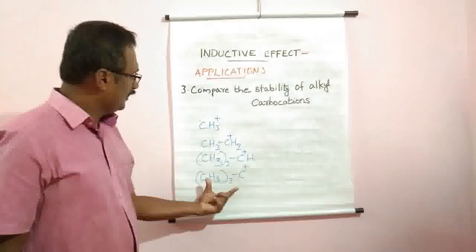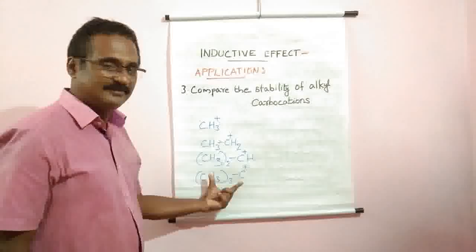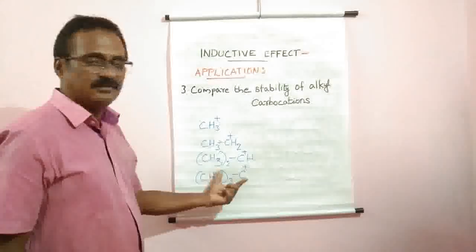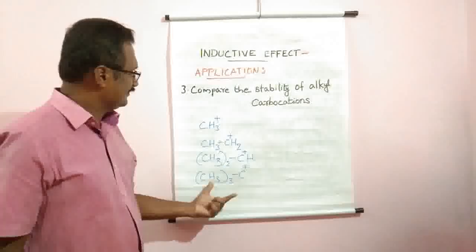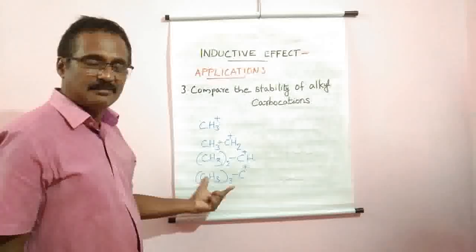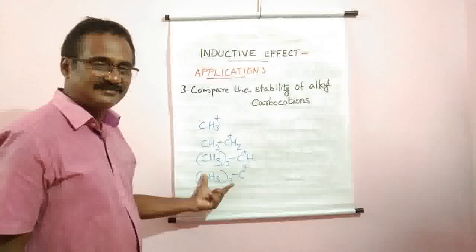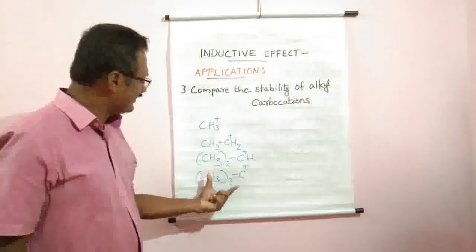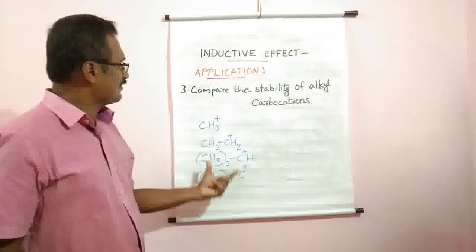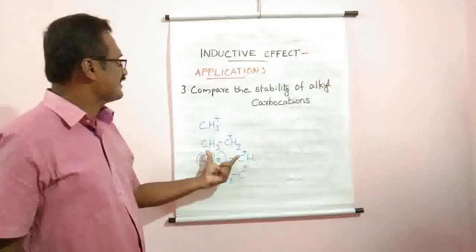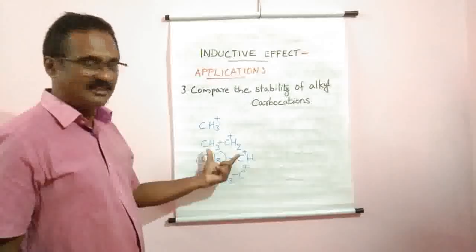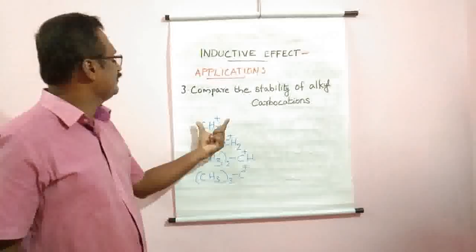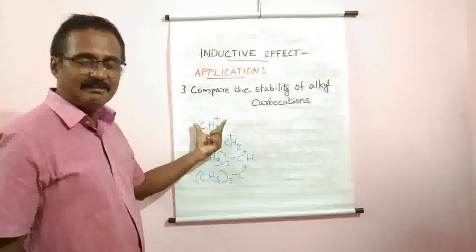Okay. Coming to tertiary carbocation, three methyl groups, electron releasing. So what happens? More dispersal of positive charge, therefore it is more stable. That is, a tertiary carbocation is more stable than secondary carbocation, which in fact is more stable than primary carbocation, which in fact is more stable than methyl carbocation.